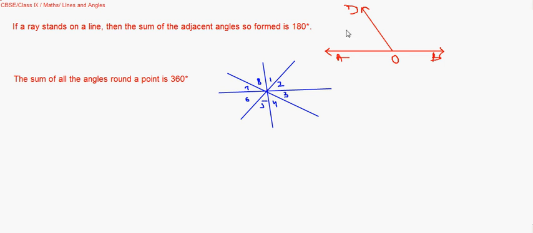What's the theorem? The first theorem says the vertically opposite angles are equal if two lines intersect each other.